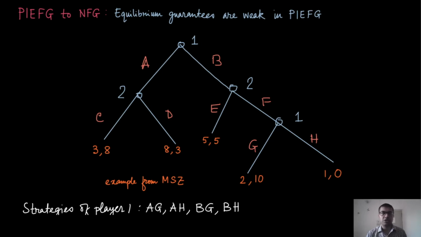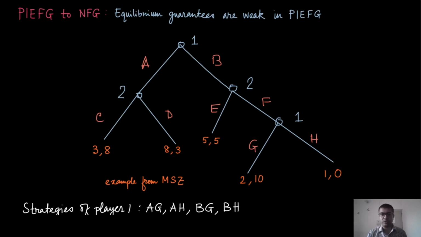We have also reduced a PIEFG into a normal form game, and we saw that there are some difficulties when we are using the equilibrium notions of normal form games. Sometimes the pure strategy Nash equilibrium, which is the most remarkable solution concept for normal form games, is not really meaningful in the context of extensive form games.